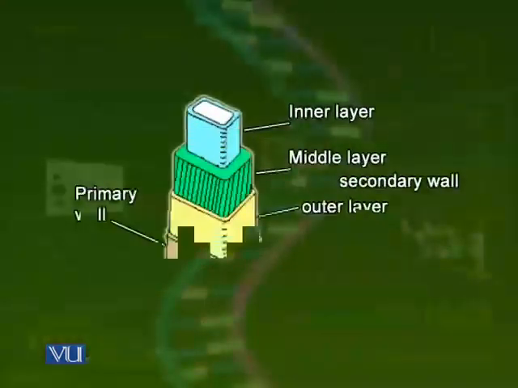If it is more ordered, it has more strength. So in the primary cell wall, the cellulose microfibrils, which give it strength, are less orderly arranged and less organized. In a secondary cell wall, they are more orderly arranged and more organized. As a result, they give the cell more strength.